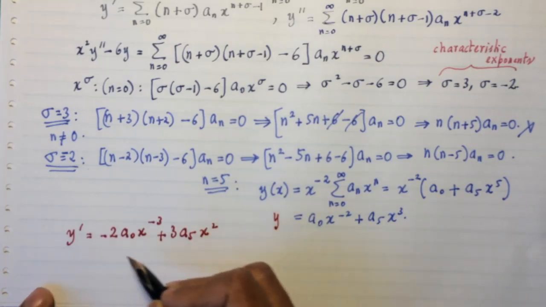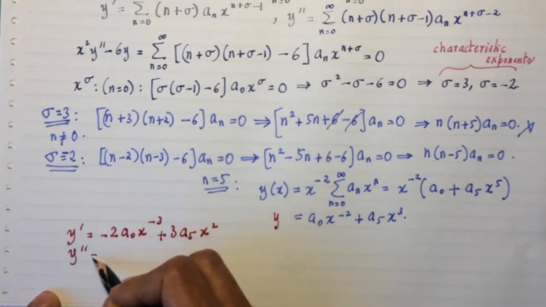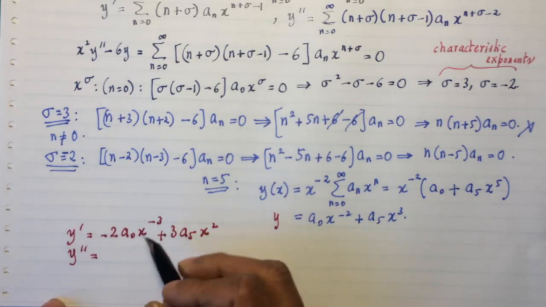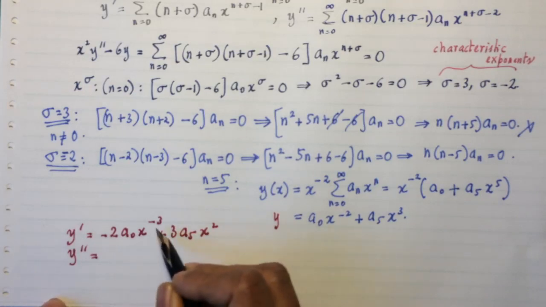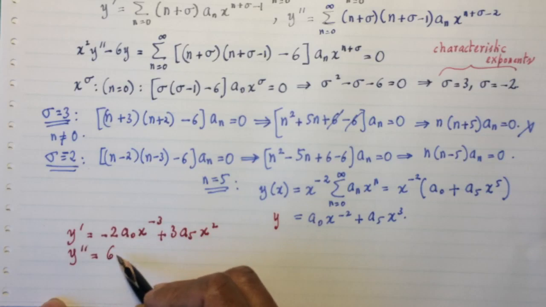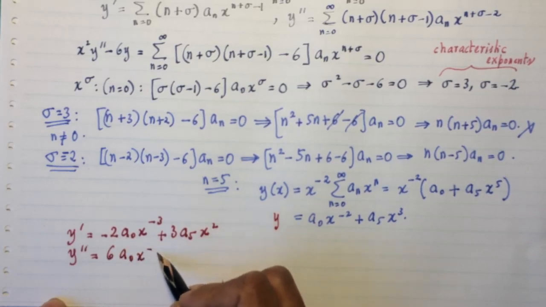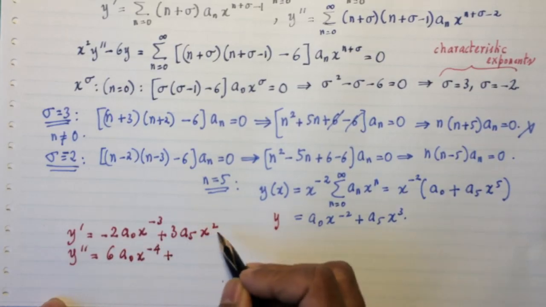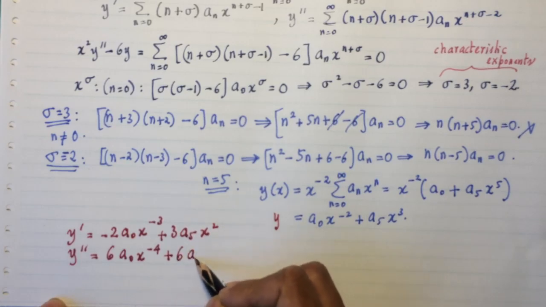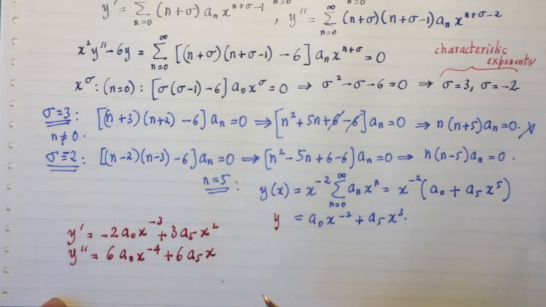And then y double prime is what we are really after, because the differential equation does not even have a y prime in it. So y double prime is negative 3 times negative 2, or 6 a0 x to the minus 4 plus 6 a5 x.